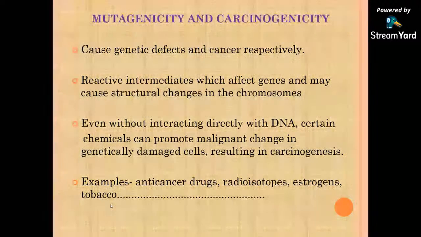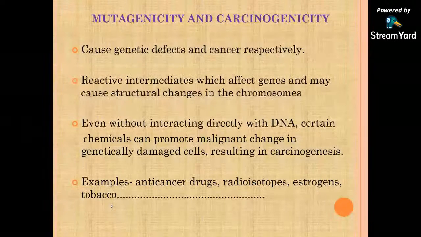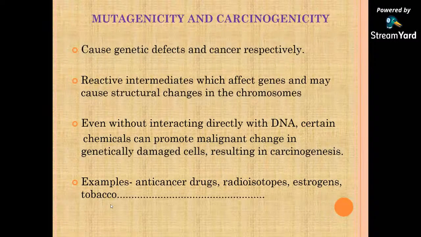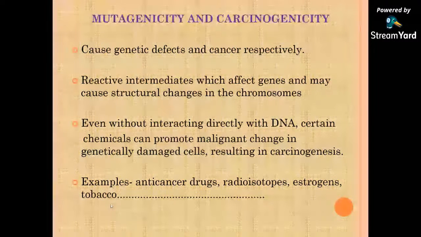They may promote malignant change in genetically damaged cells, and that is why such an agent can cause carcinogenicity. For example, anti-cancer drugs, radioisotopes, estrogens and tobacco. These are some examples of drugs that cause the carcinogenic effect.